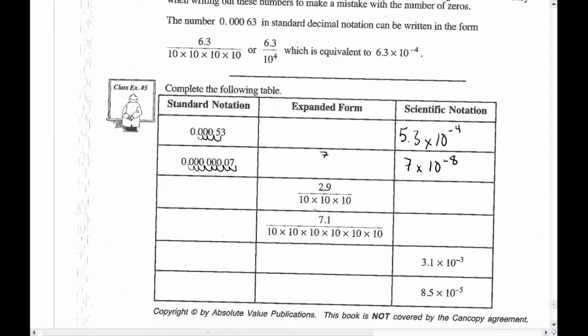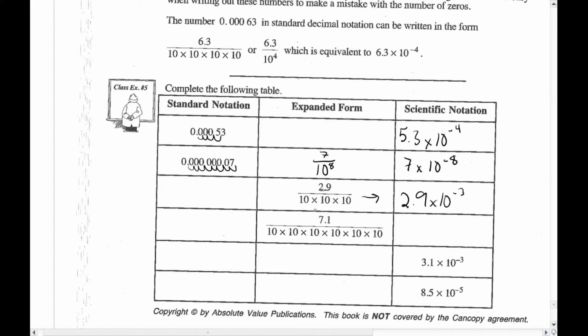So this 7 times 10 to the negative 8 can also be thought of as 7 divided by 10 to the positive 8. That's the exact same thing, but that's besides the point here. So we can rewrite this as 2.9 multiplied by 10 to the negative 3.